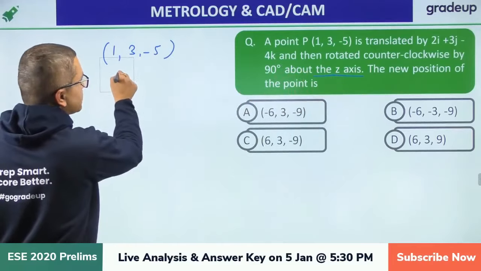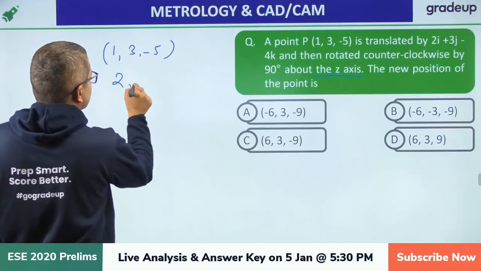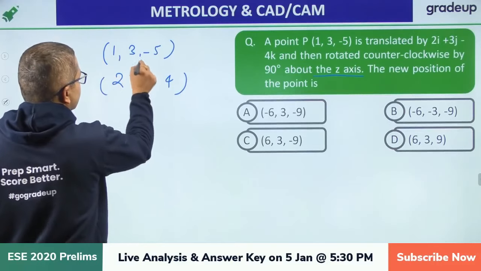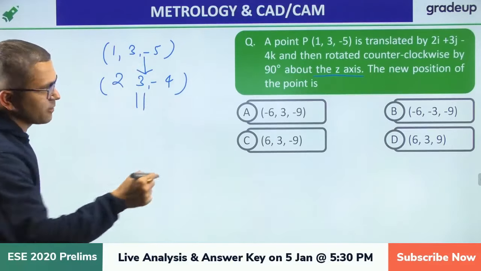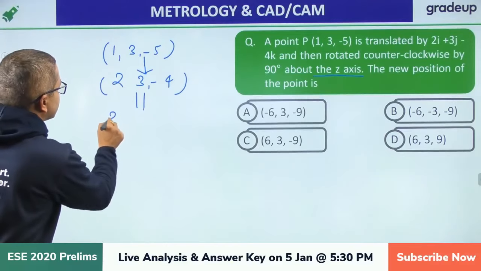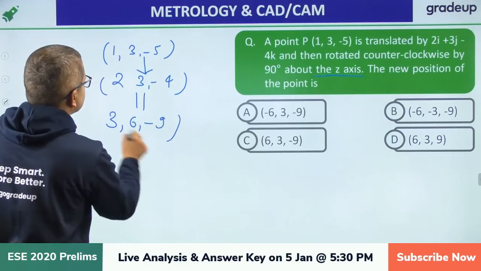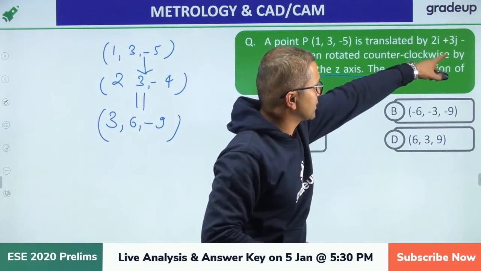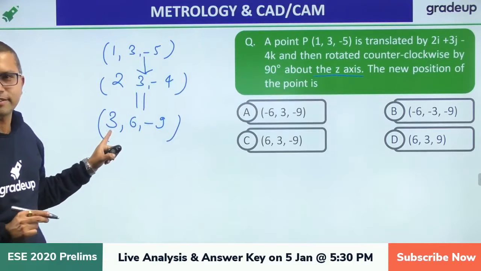So I'm just going to write the coordinates over here. 2, 3, minus 4. Okay, this is translated by this. So what do we get? We are just going to add them, right? Yes. Okay. So 3, 6, minus 9. So this point, when translated by this vector, becomes this coordinate.